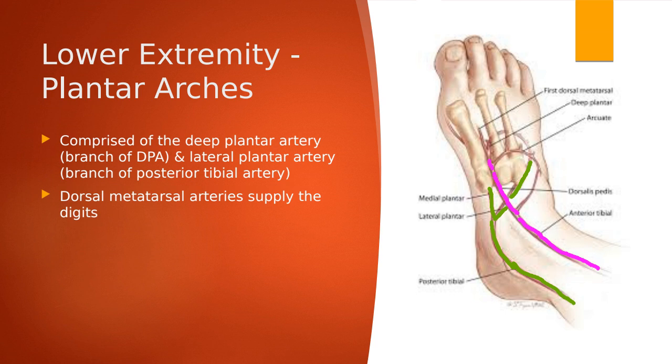That DPA is going to branch off into our deep plantar, and that is going to finish off the loop to meet with that lateral plantar. And while that's all happening, from that loop, we are going to have blood supply coming off to supply the metatarsal arteries to go off to the toes.